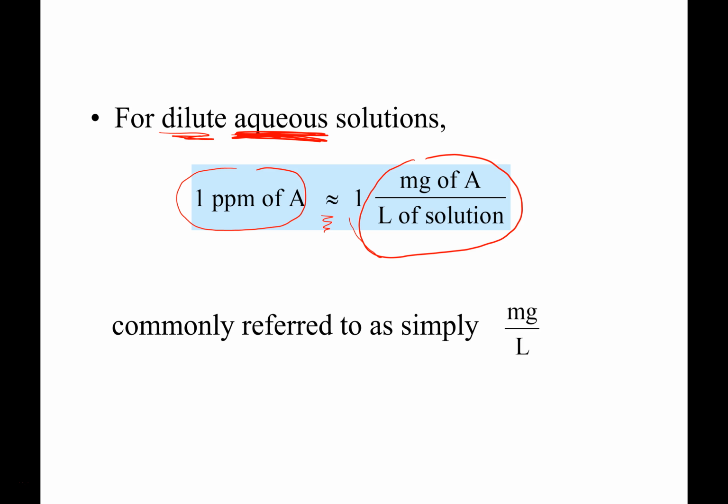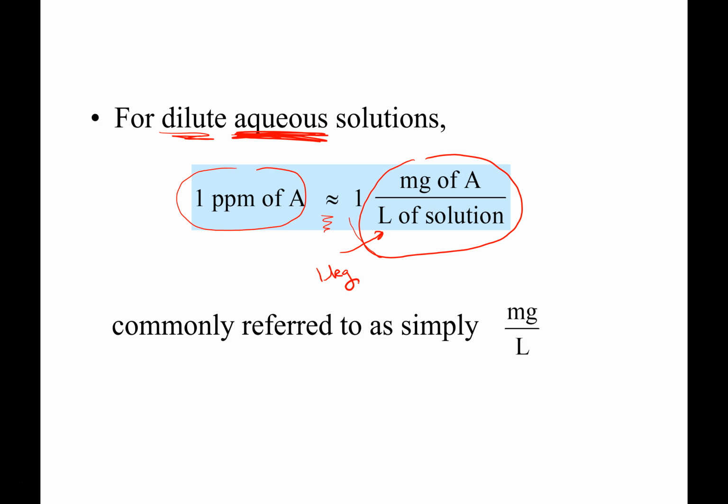It has to do with the fact that the density of water is 1.00 grams per milliliter. You track it down and you end up with milligrams per kilogram, which is parts per million. It's not that hard. Actually, 1 liter of solution will weigh about 1 kilogram.